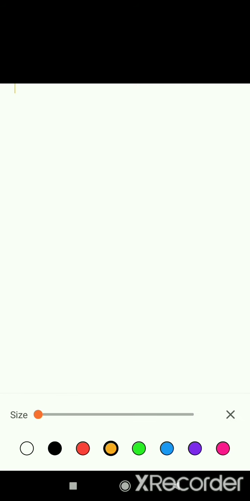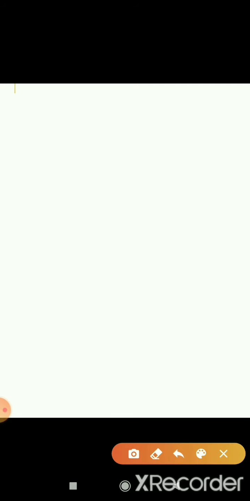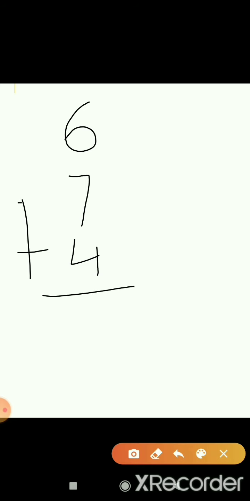Students, let us take one more example. 6, 7 and 4. How can we add 6, 7 and 4 together? First, we will look for a 10.